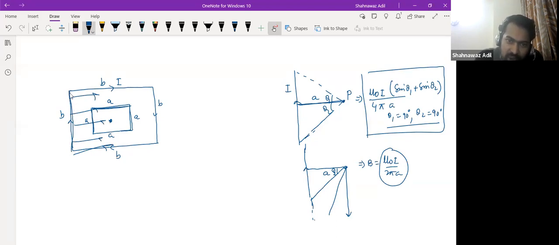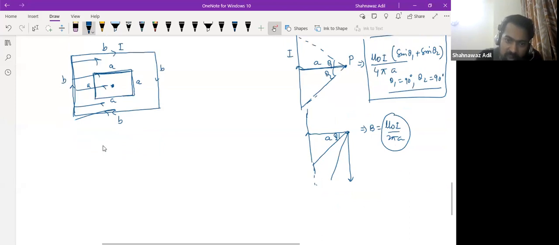This wire will give a contribution, and what would that contribution be? We know that phi is M I, and phi is the flux, that is B A.